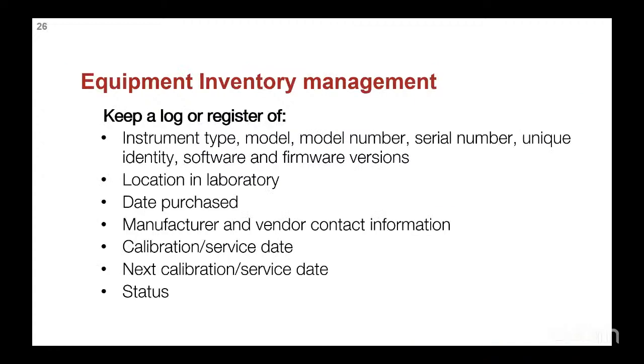Next, we look at equipment inventory management. Keep a log or register. So for every equipment, you should have an equipment inventory log: the instrument type, the model number, the serial number, unique identity, the software and the version of that software, the location in the lab, the date it was purchased, the manufacturer and vendor contact information, calibration and service date, next calibration date, the service date, and the status of that equipment.